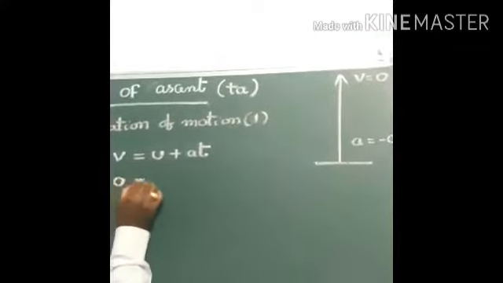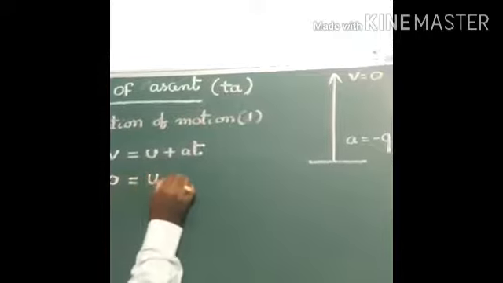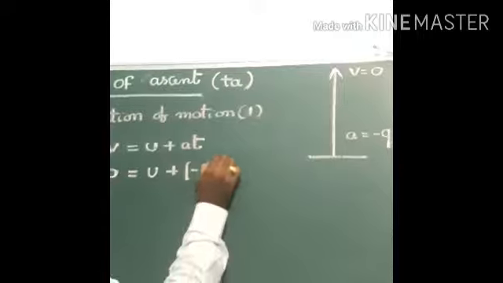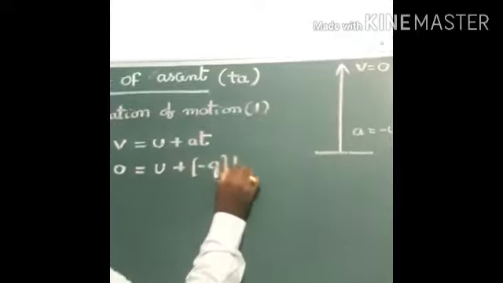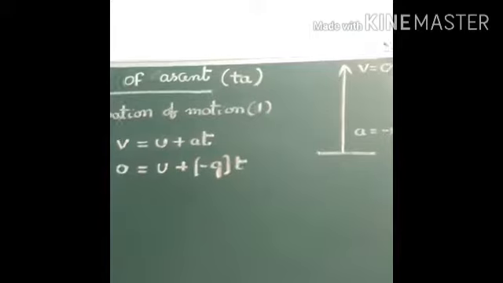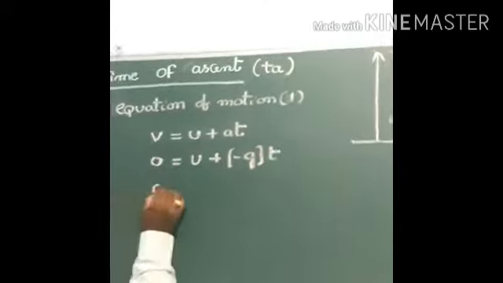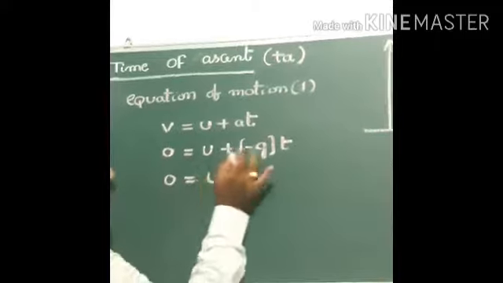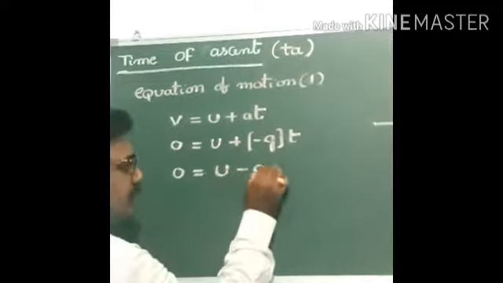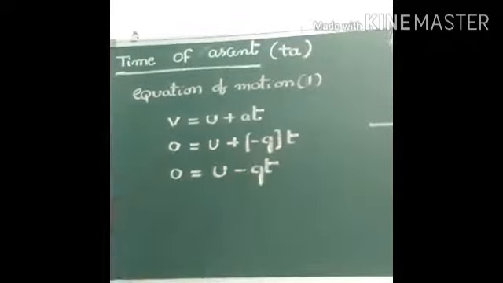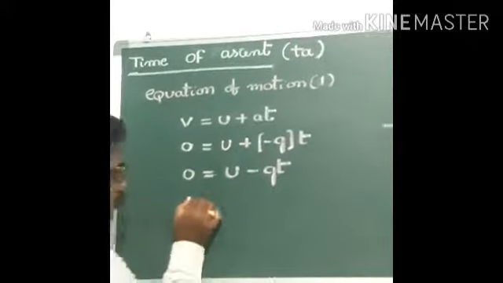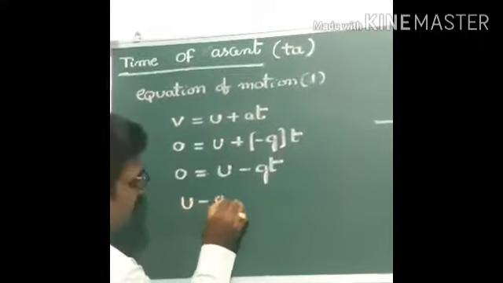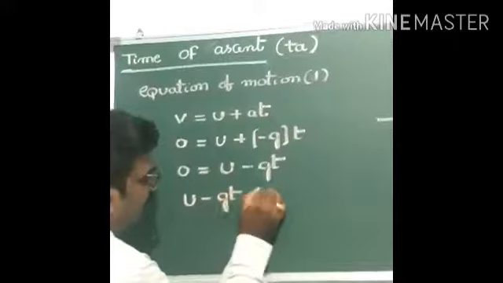V is 0, U, A is minus g, and T. So 0 equal to U plus (minus g) T, that is U minus GT equal to 0.